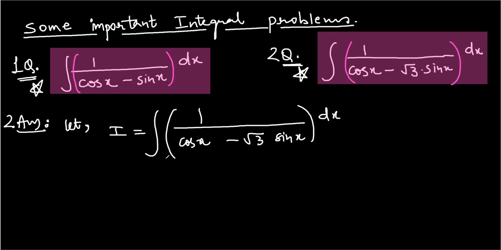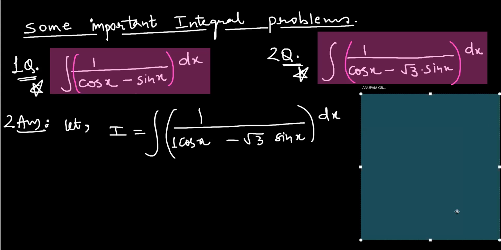What I will do is divide the numerator and denominator by the square root of 1 plus root 3 square. Let me write this here.